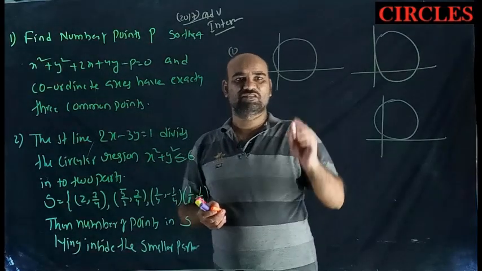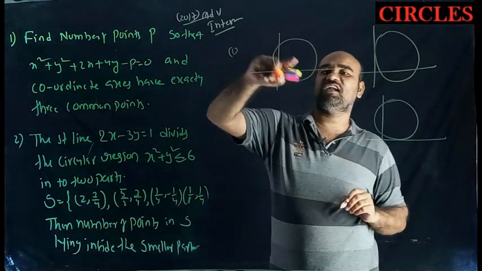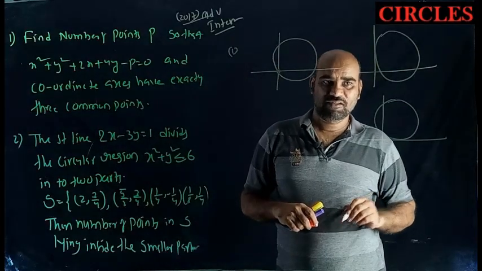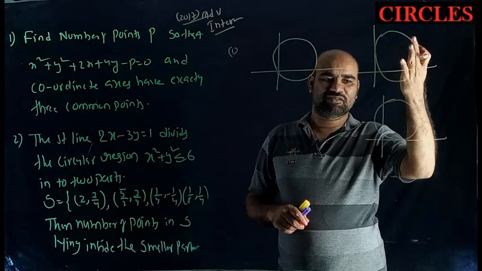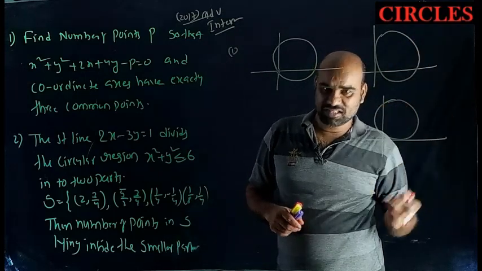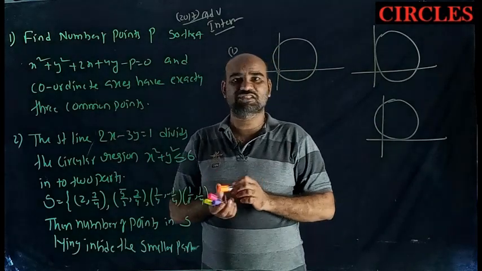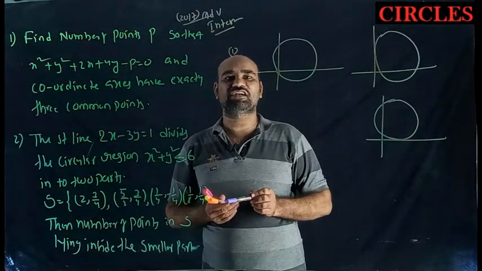In general, the circle should pass through the origin and intersect the y-axis and x-axis at different points. Or the circle has an x-intercept and no y-intercept, or a y-intercept and no x-intercept. So these are the three possible situations to get three common points for the circle and the coordinate axes.